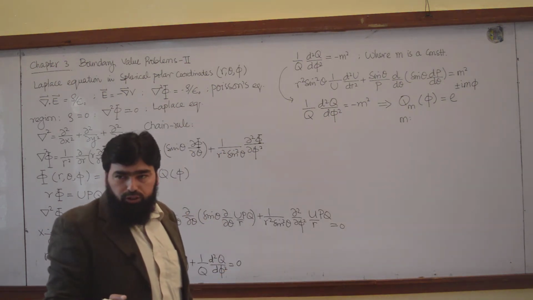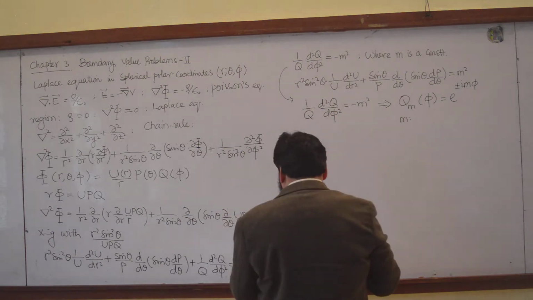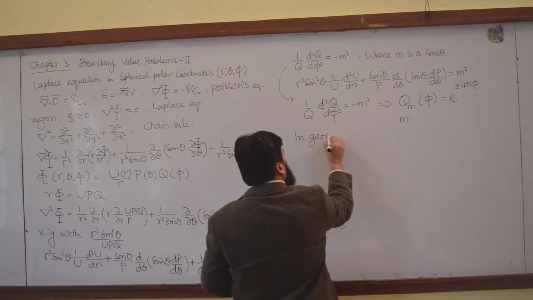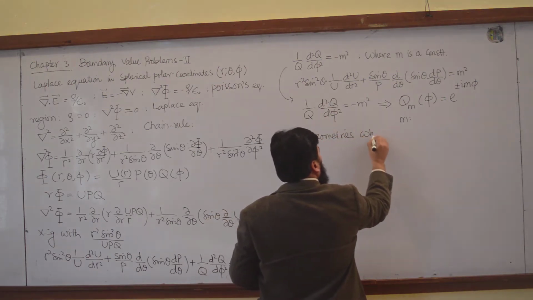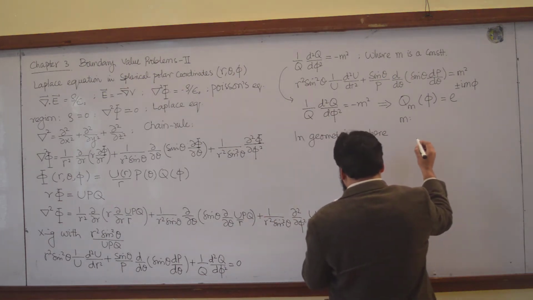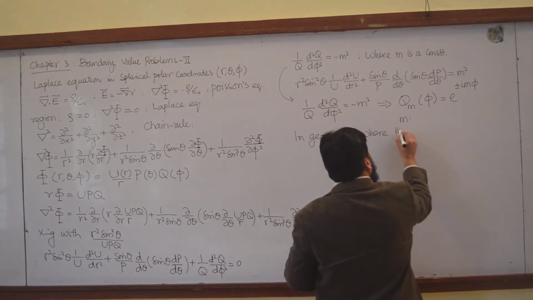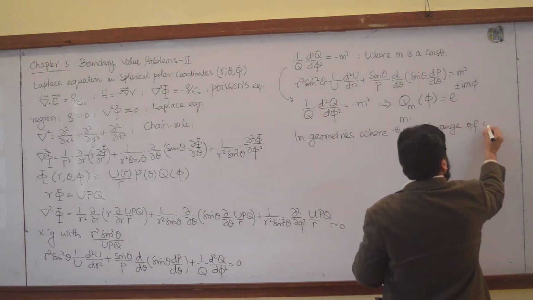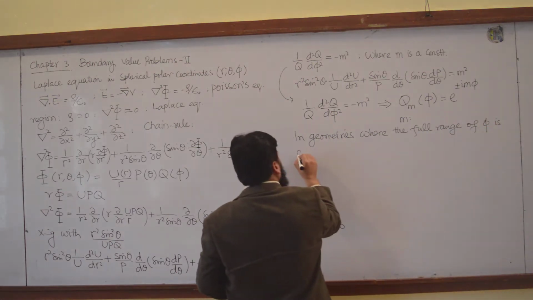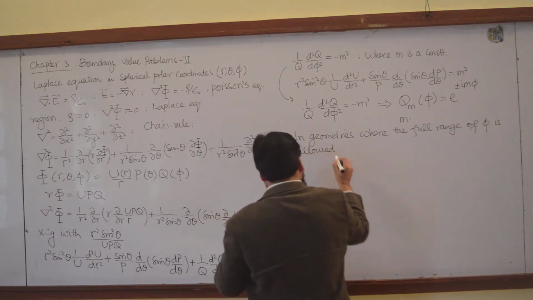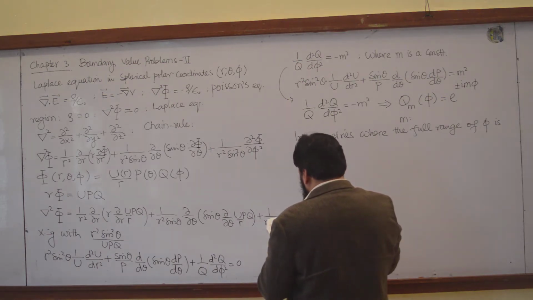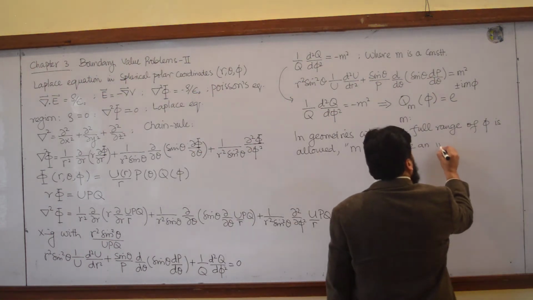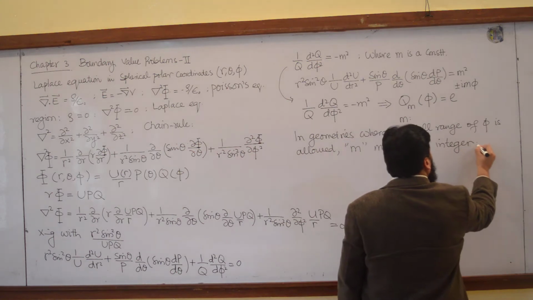We know this is a constant, but in geometries where the full range of phi is 2 pi, m must be an integer.